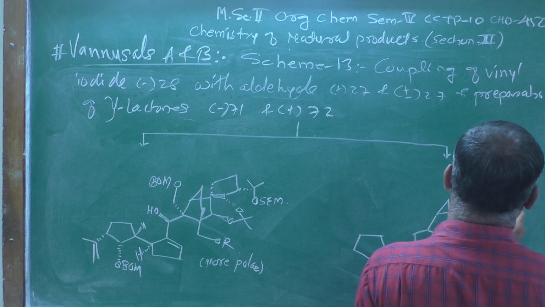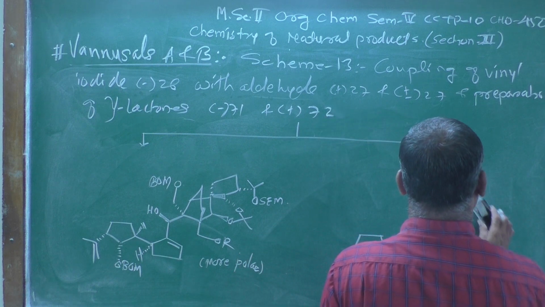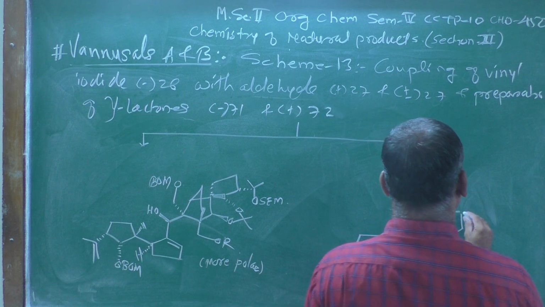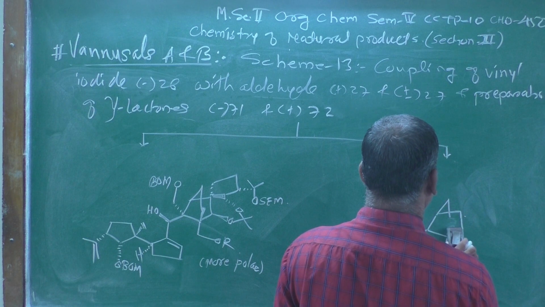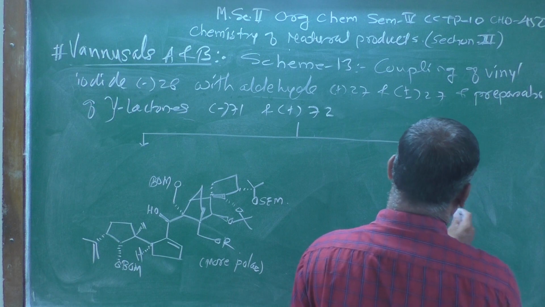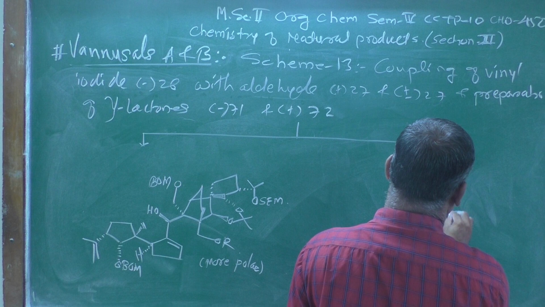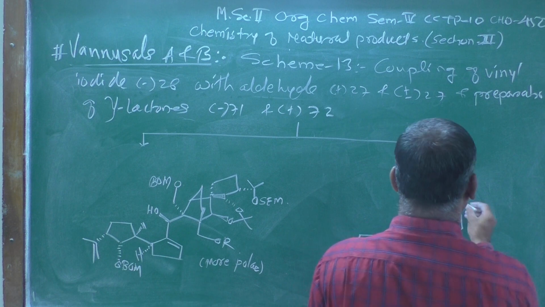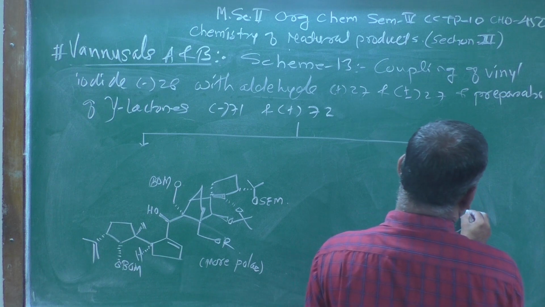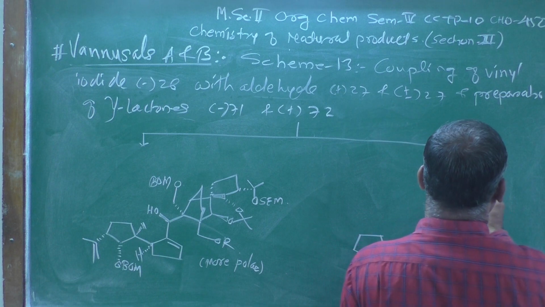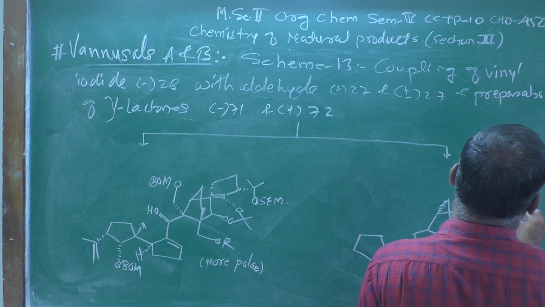Here is a 5-membered ring, and remember, here are some of the changes. This goes below like this, and this bond is above the plane and this bond should be below the plane. Rest of it, this bond goes above the plane, OSEM.